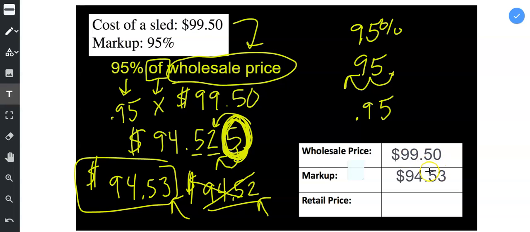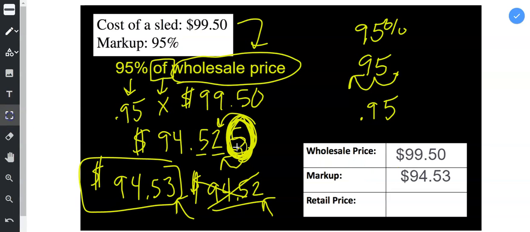It's a little bit less than the wholesale price. If the markup were 100% of the wholesale price, then the markup would be $99.50. But 95% of the wholesale price is just a little bit less than 100%. That's why we rest at $94.53 for the markup. Let me center that, and then we'll calculate the retail price.